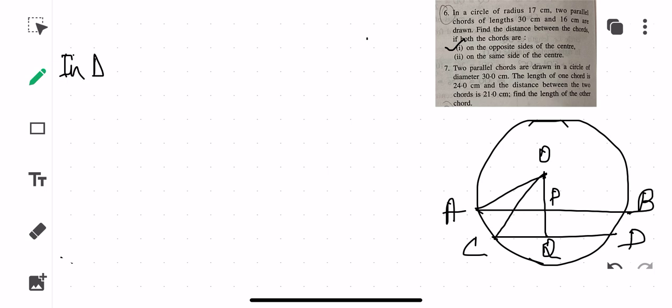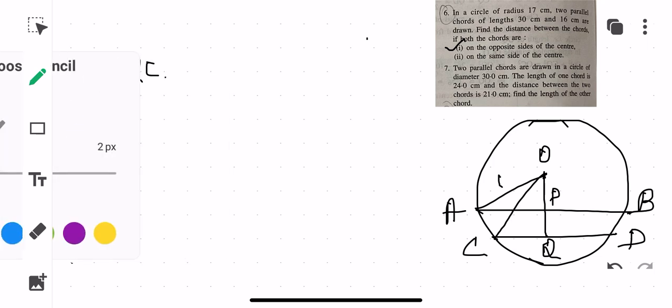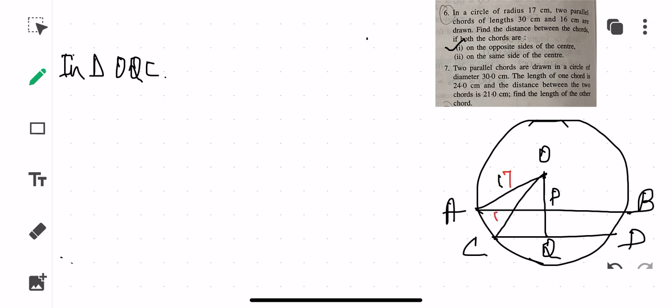See, in triangle OQC, you know that the radius is equal to 17, children. So with the red pen, this is going to be equal to 17, and this is also 17. AB is the longer chord, so AP will be equal to 15 and CQ will be equal to 8.